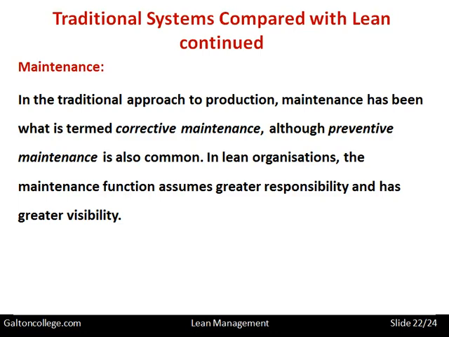Now, this could be the machines are badly set, or the tools on the machines are wearing out and need to be replaced. So sometimes the business waits for it to happen and then corrects it. But by which time, of course, bad quality output has been produced.